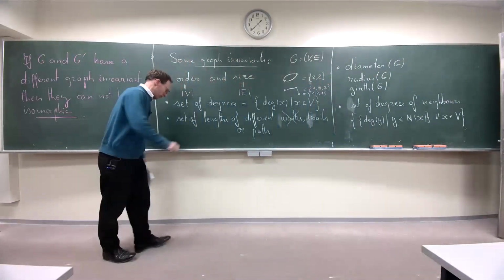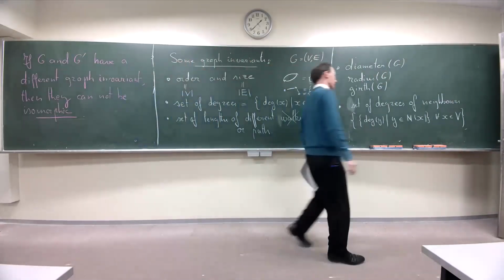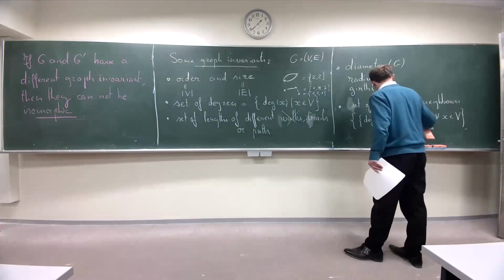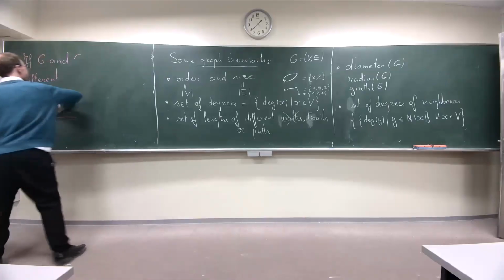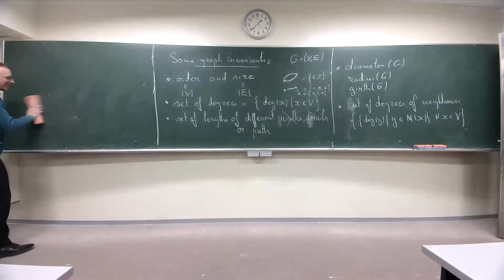It's complicated, but you're defining a new function. N, I introduced it last week, is the set of neighbors. N of x is the set of neighbors.